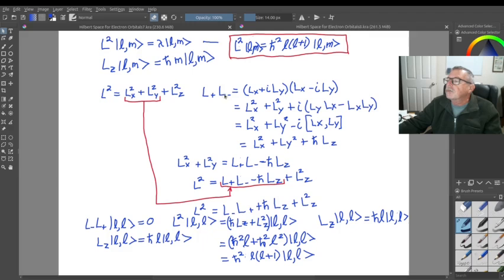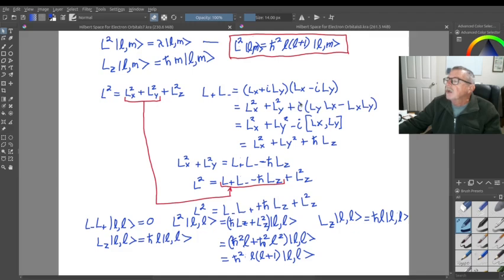L operator up times L operator down, well, let's just look at them. Okay, this is by definition, that's what these are. Then we're going to square this expression. Lx squared plus Ly squared. Now where did I get plus Ly squared? I times I is -1, times -1 gives me a plus 1. That's how that Ly squared can be that way.